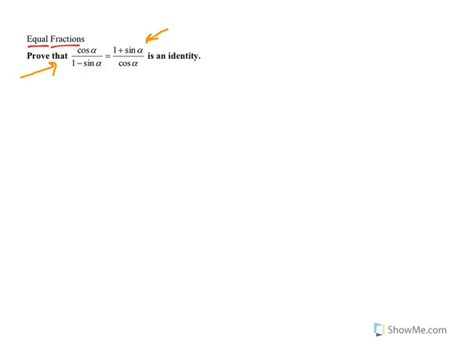Well, you're going to need a 1 minus sine alpha to show up in the fraction over here on the right side. So what I'm going to do is just multiply in what I need and then follow the algebra from there.